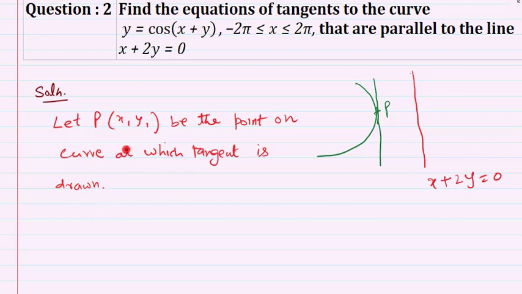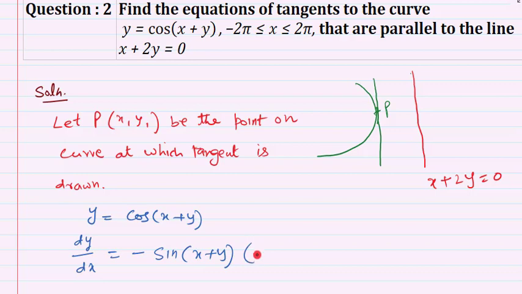So using the curve y is equal to cos(x plus y), we can find the slope of the tangent, that is dy upon dx. So dy upon dx is equal to clearly minus sin(x plus y) into (1 plus dy upon dx).